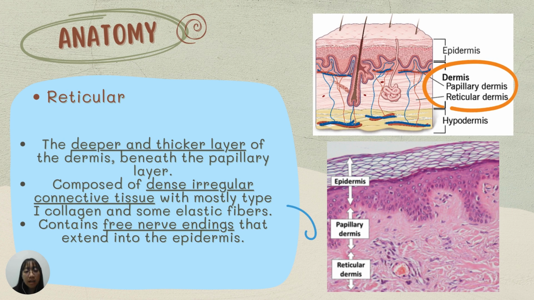The next layer of the dermis would be the reticular dermis, which is the deepest and thickest layer of the dermis, and it is composed of dense irregular connective tissues and has mostly type 1 collagen, and it also contains free nerve endings that extend into the epidermis.